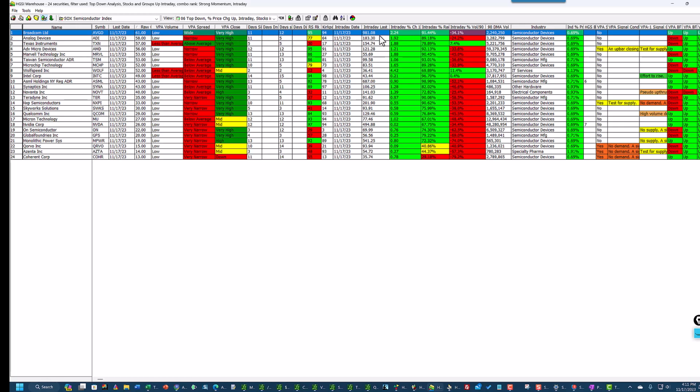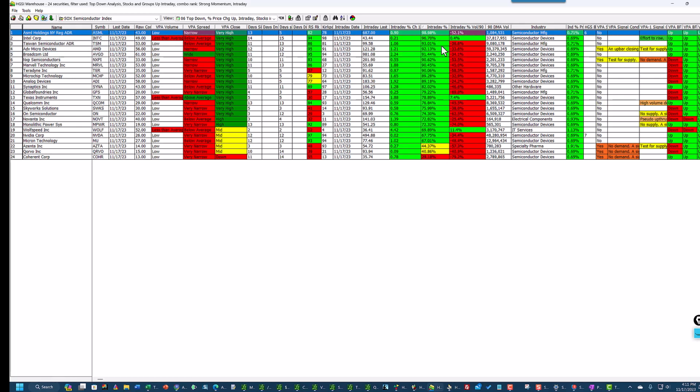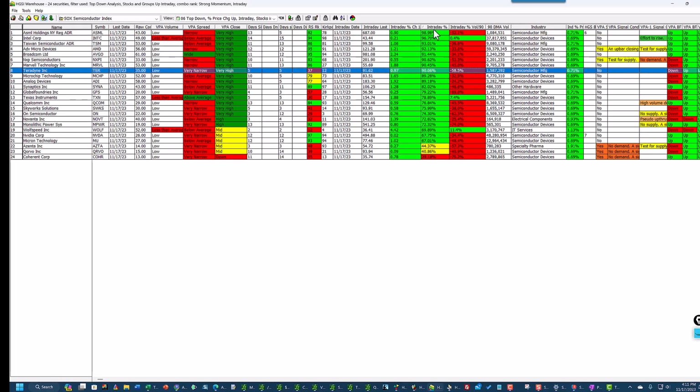Looks like Broadcom was up the biggest percentage, up 2.24%, but that is a massive stock, $981. Obviously, it's just for institutional players only. But you can see, looking down this intraday range column, that many of these stocks closed at 90% or above.